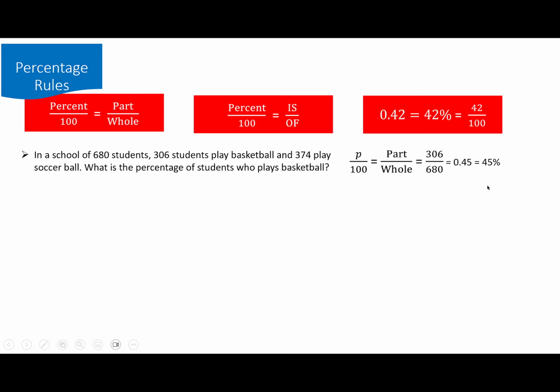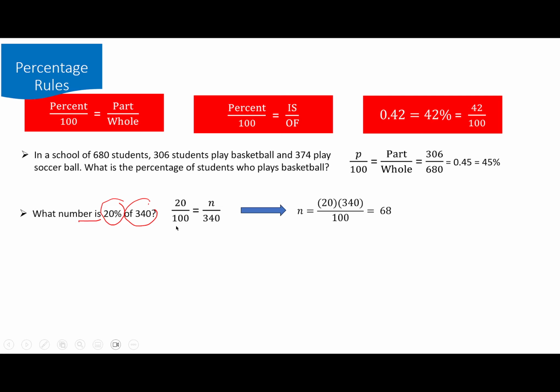Then it's 45%. Now here, what number is 20% of 340? The "is" is the unknown, 20% is given, the "of" is given, so 20 over 100 equals n, that's the is, over 340. Then you do cross multiplication, 20 times 340 divided by 100, you get 68.